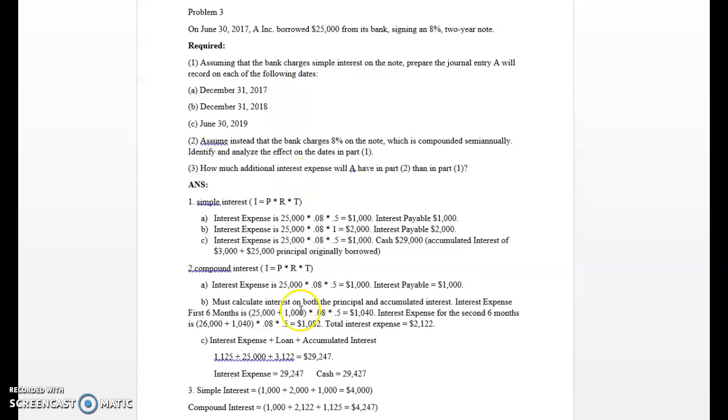And that will equal an interest expense for the first 6 months of $1,040.